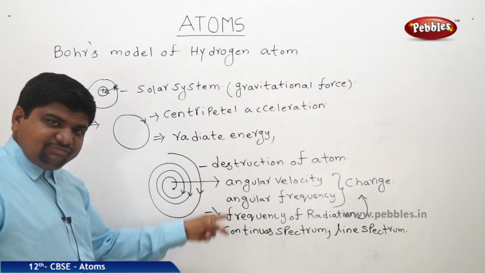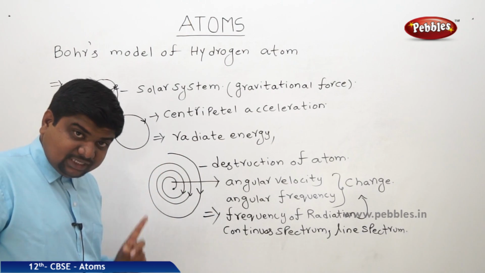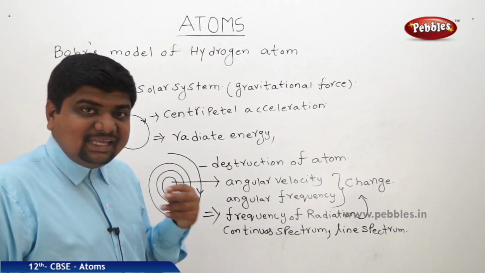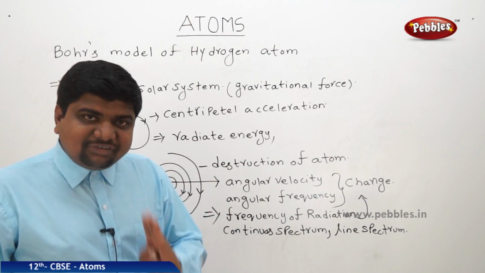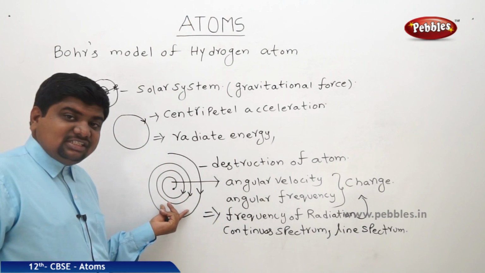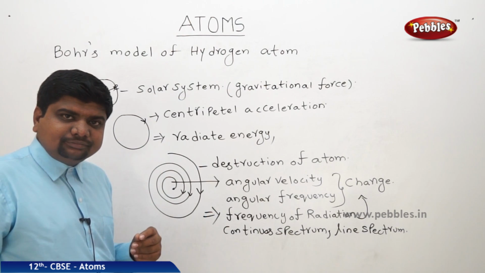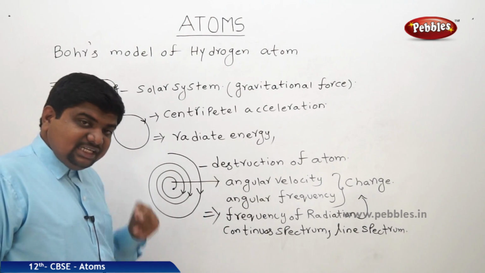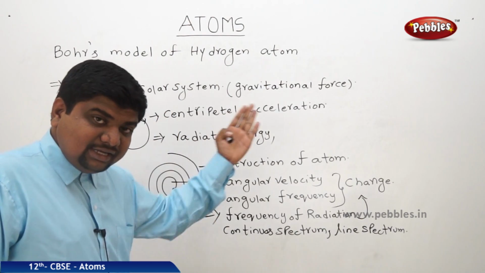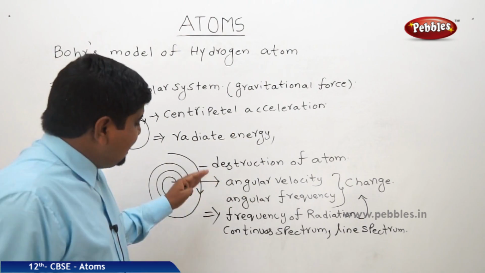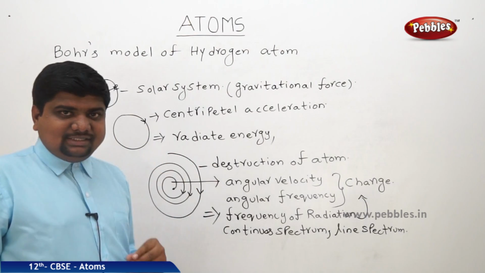By gathering all the information, he came to the conclusion that classical electromagnetic theories are not sufficient to explain the concept of atomic structure. That's why Niels Bohr, in 1912, after visiting Rutherford's laboratory frequently, added some more points.